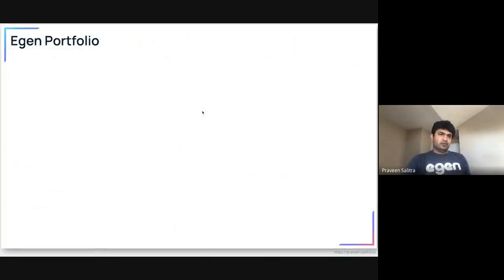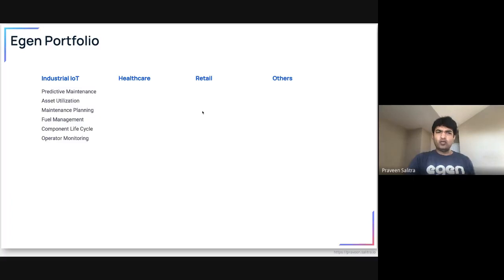So as far as the portfolio is concerned for Egen, that's an important thing to understand because it shows how we are getting all this understanding of these principles, right? We worked in industrial IoT when industrial IoT was a brand new category 6 years ago. We started working at that point with one of the largest OEMs of machines.